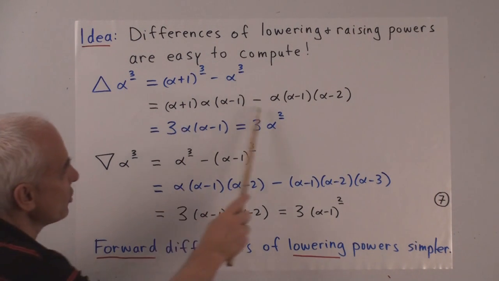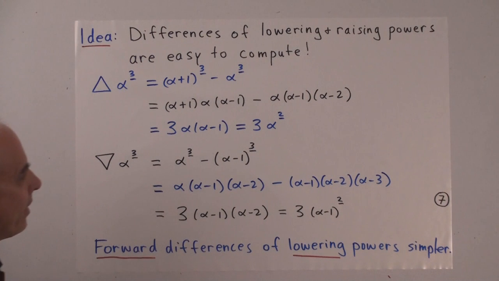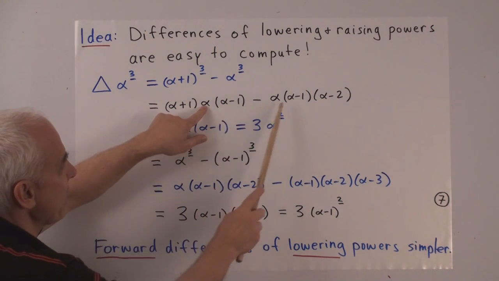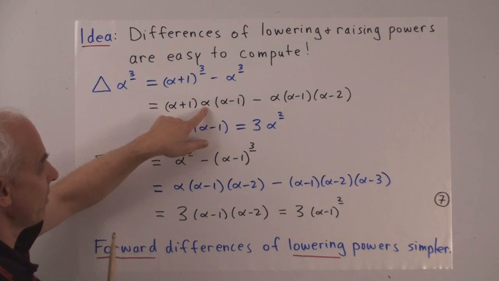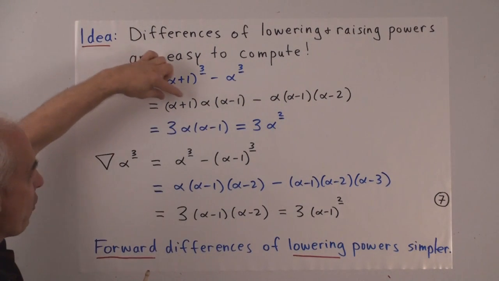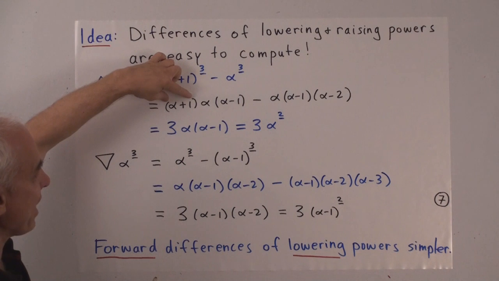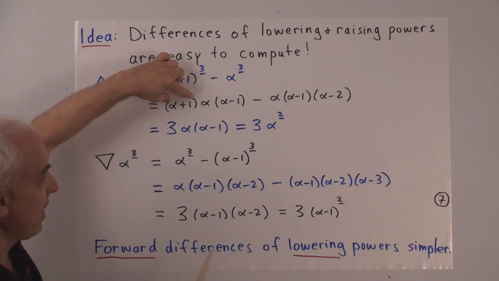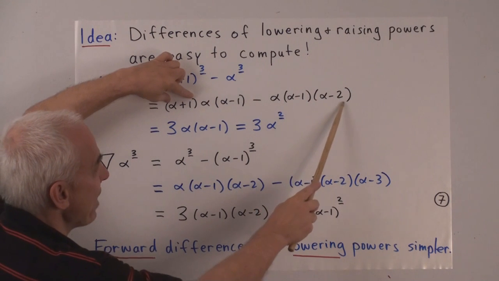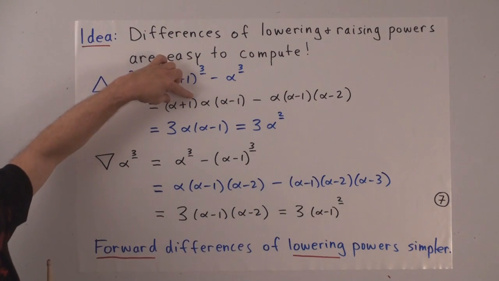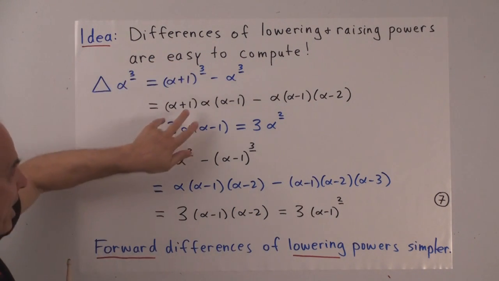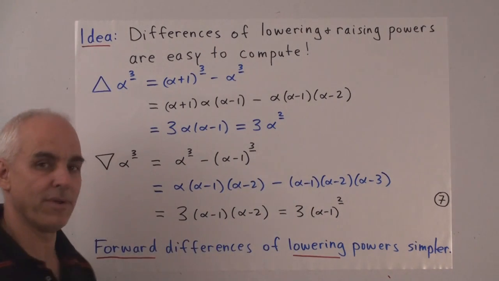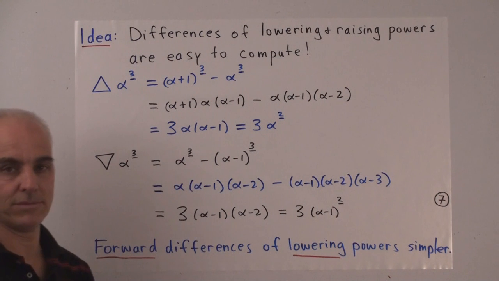Now have a look at these two terms. There's a common factor of alpha times alpha minus 1 in both terms. And what's left over, if we take out that common factor, is an alpha plus 1 from this term and a minus alpha minus 2 from this term. If we combine alpha plus 1 minus alpha minus 2, we get 3.